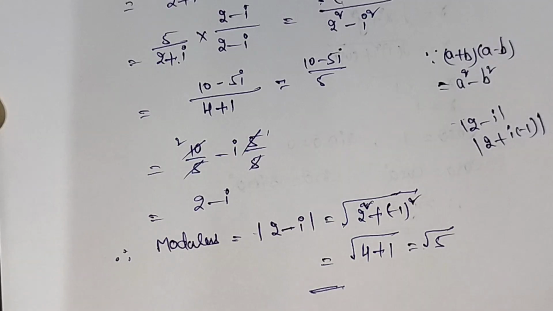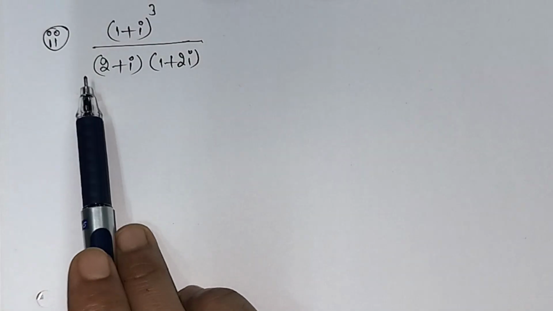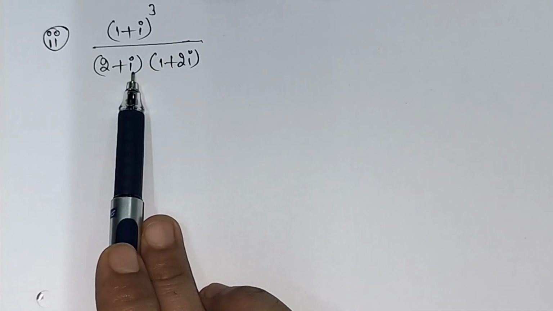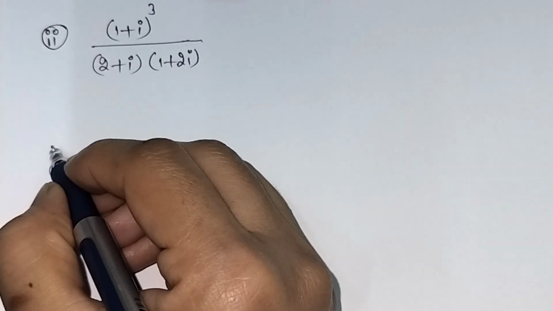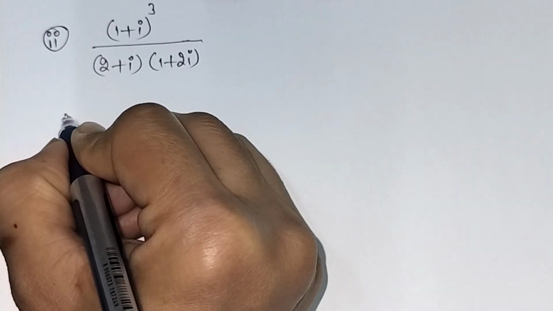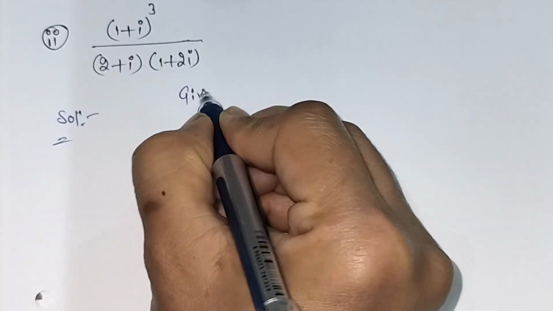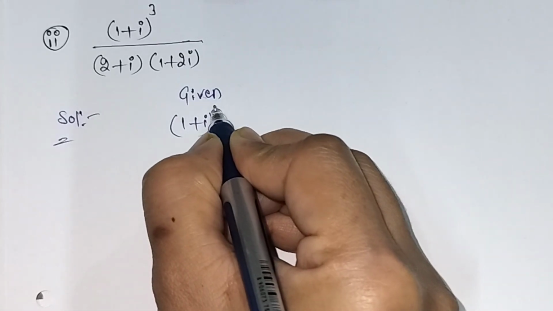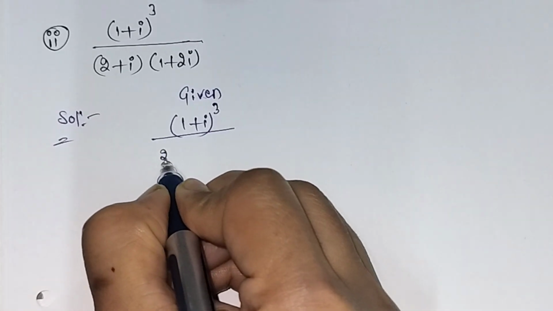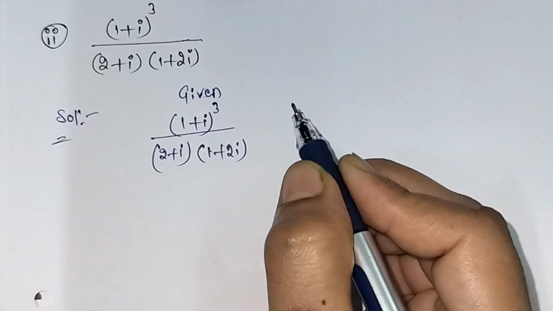See the next problem. Second problem: 1 plus i whole cube by 2 plus i into 1 plus 2i. Find the modulus value. Solution. Given 1 plus i whole cube by 2 plus i into 1 plus 2i.